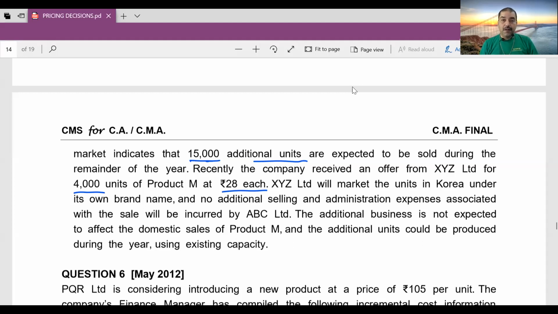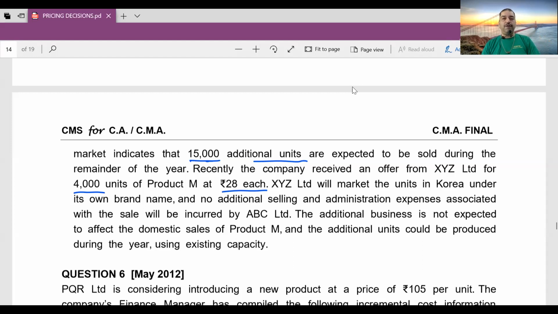That means selling cost is not going to be incurred for that additional order. Why? Because they have already approached you. You don't have to advertise, and you don't have to sell it in the Korean market. They will sell, so they will incur the expenses. The additional business is not expected to affect the domestic sales.